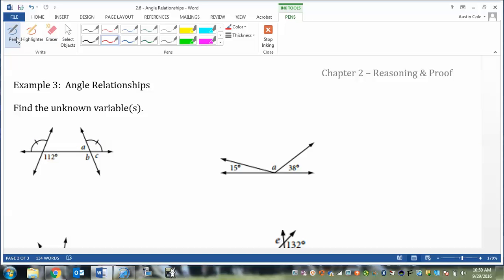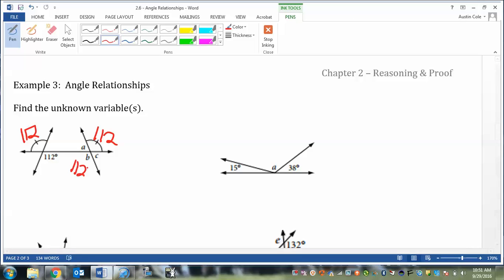What did we just learn? Vertical angles, right? You have a straight line, a straight line. So this angle is 112. What does that tell us about this angle? It's 112. What does that tell us about B? 112, right? Why is that? Because it's a vertical angle.